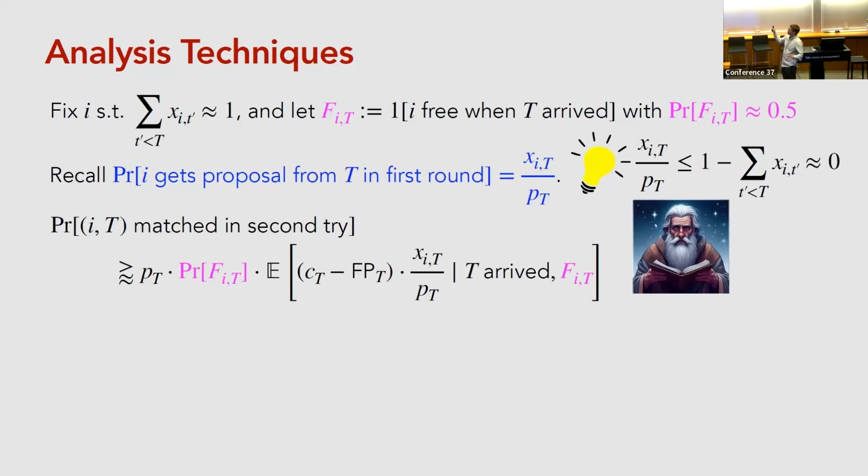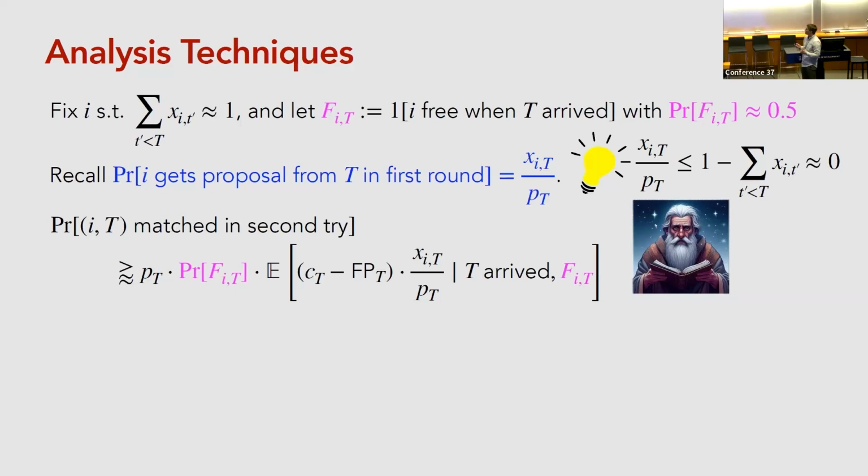There's no worry that maybe it's already occupied from the first proposal, because it probably didn't get one. So roughly, we can say that the chance it gets matched is just the marginal probability that the second proposal puts on it. So it's like this remaining capacity times the LP's value of XIT over PT.